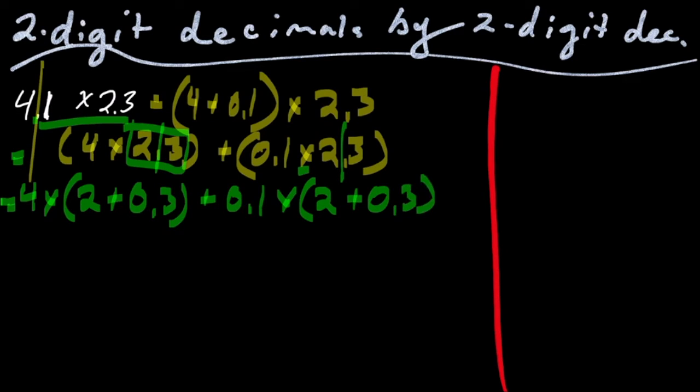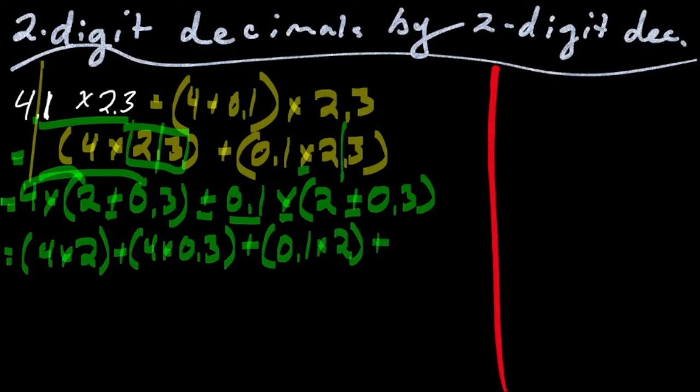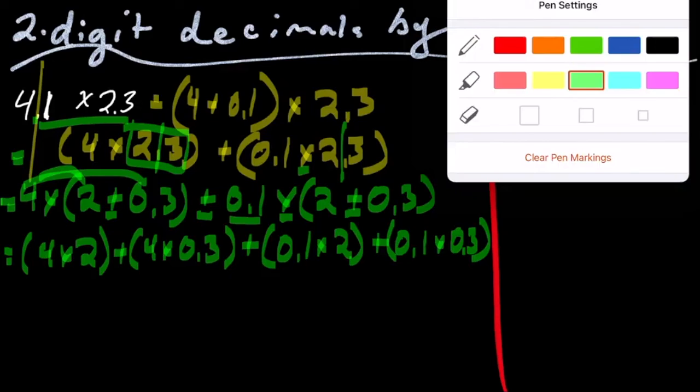And then I can rewrite 4 times the 2, plus 4 times 3/10, plus 1/10 times 2, plus 1/10 times 3/10. And now I can work my way through one at a time.